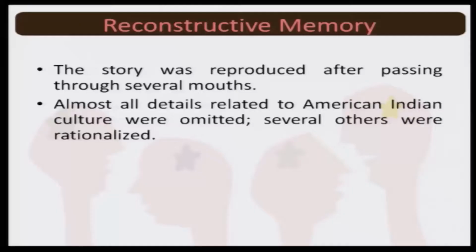What Bartlett was able to prove was that the story, when it was reproduced after passing through several mouths, underwent a series of reconstructions, and almost all details related to the American Indian culture were omitted, and several others were rationalized when students tried to recollect and reconstruct the story.